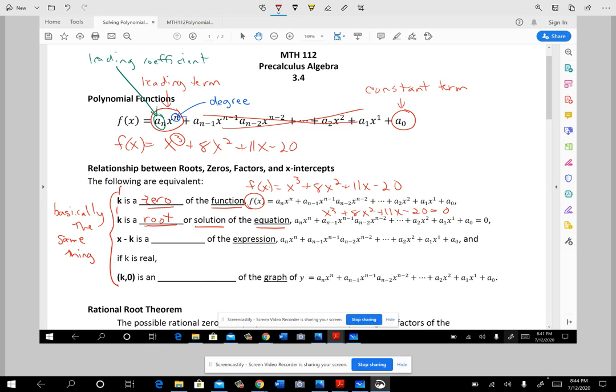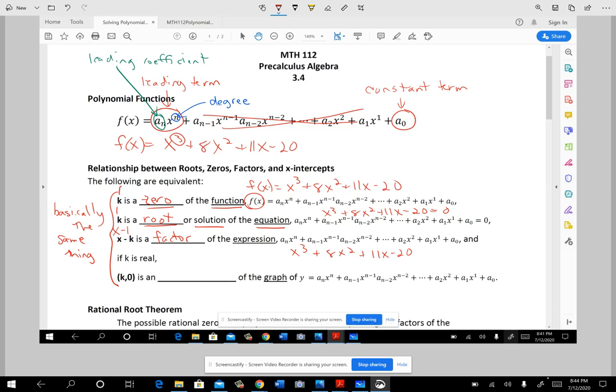Okay, and then if 1 is a root or 1 is a 0, then x minus 1 is a factor of the expression. Okay, and in our case, it would be of the expression x to the third plus 8x squared plus 11x minus 20, without the f of x and without the equal to 0, just that expression. But we can't factor that using factoring by grouping. This particular one, none of our usual factoring techniques would work.